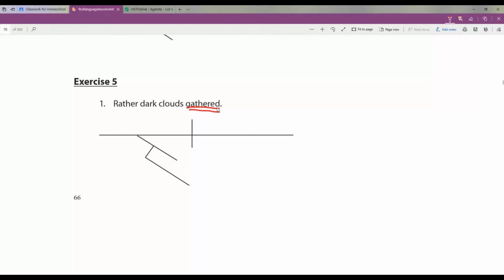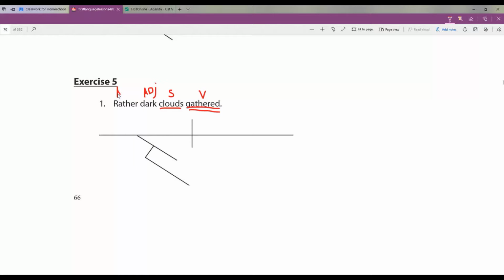Who or what gathered? Clouds. So we know this is the subject. You can label it. That's the subject. That's the action verb. Now, dark is a word that describes clouds, tells which clouds, the dark clouds. So that means this is an adjective, right? Now, rather is a word that tells to what extent are they dark.